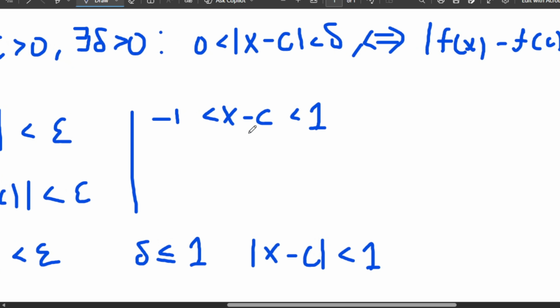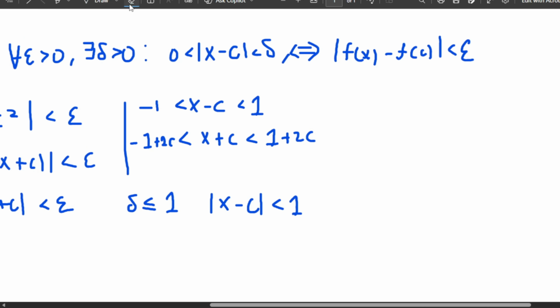Now we need to put x plus C in the middle, so we add 2C on both sides. x plus C must be between -1 plus 2C and 1 plus 2C.